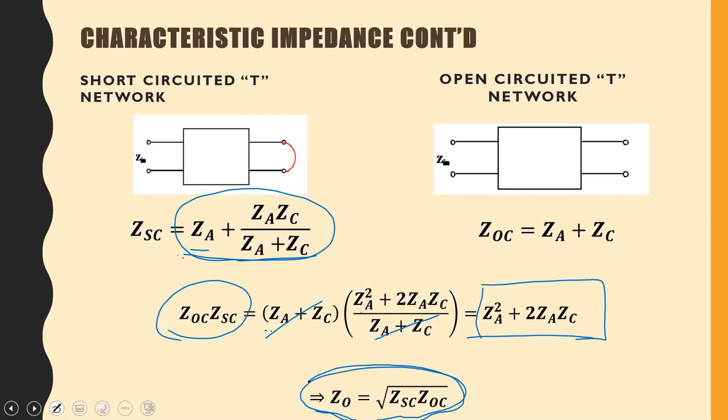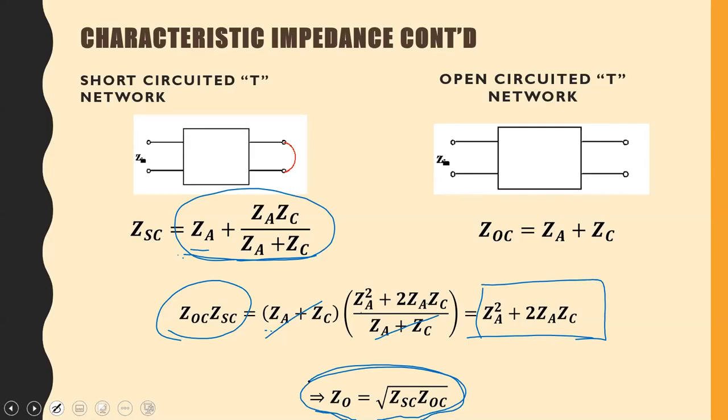So if it's a characteristic impedance, the mere fact that I refer to it as characteristic impedance, what does that tell you? It's symmetric, sir. Absolutely, it's a symmetrical network. Good.